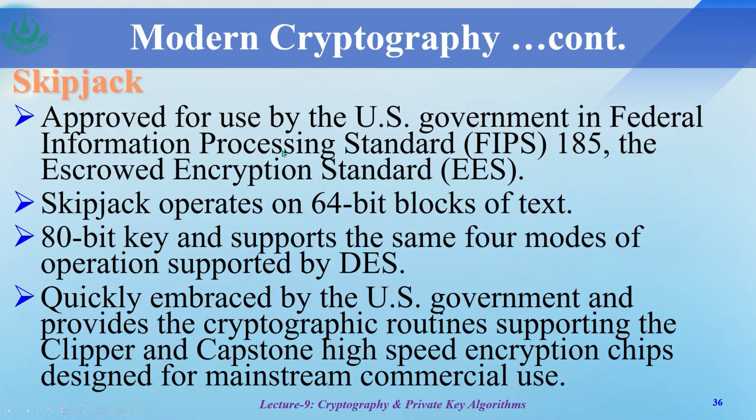The Skipjack algorithm was approved by the US government in the Federal Information Processing Standard FIPS 185 document, the Escrowed Encryption Standard, EES. Skipjack operates on 64-bit blocks of text. An 80-bit key is used, and it supports the same four modes of operation supported by the DES algorithm.